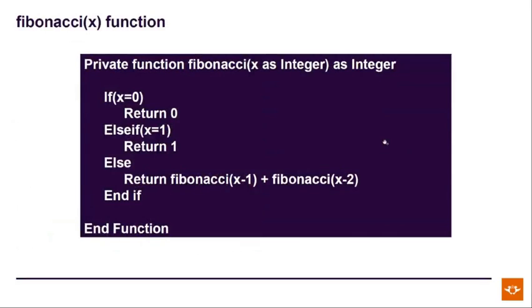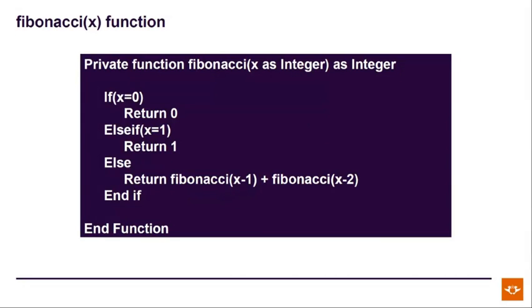So, looking at the code for this, the idea of the Fibonacci code is you have two base cases. Your first base case is x equals 0, which returns the value of 0, and x equals 1 returns the value of 1.